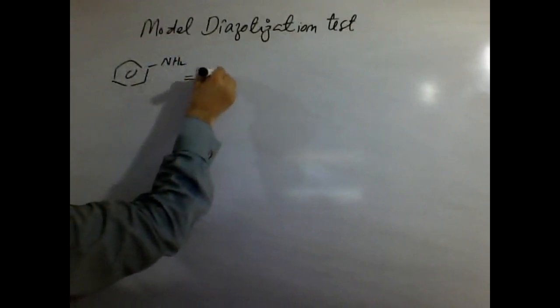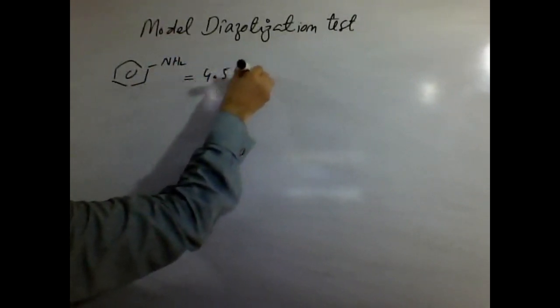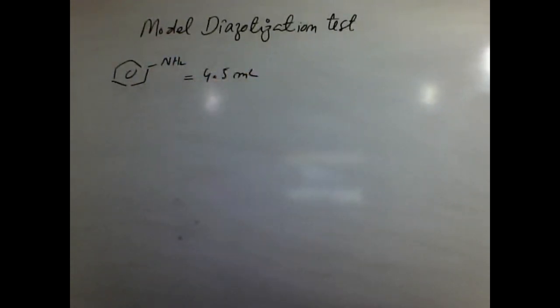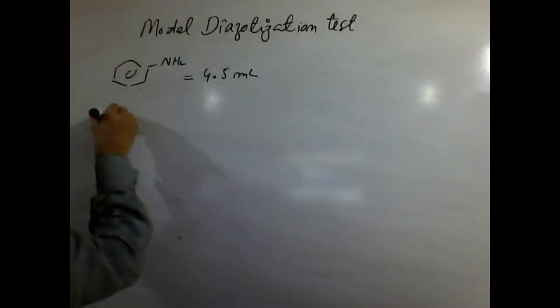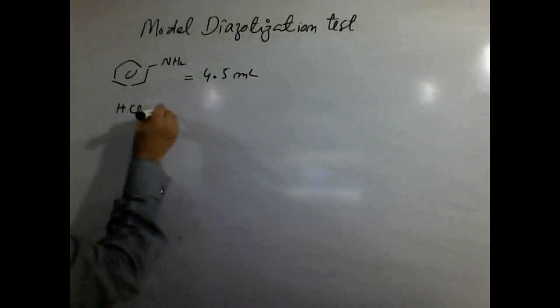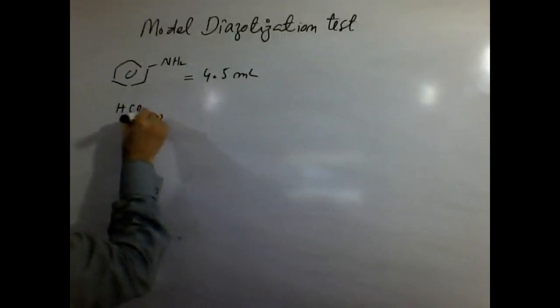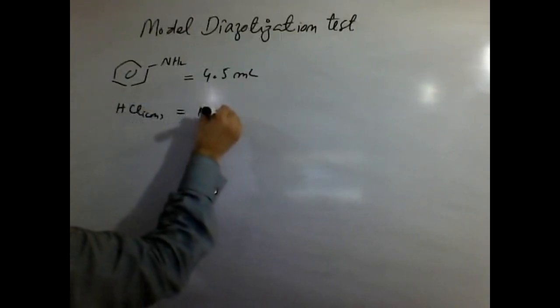We take 4.5 ml of aniline and concentrated HCl, around 10 ml.